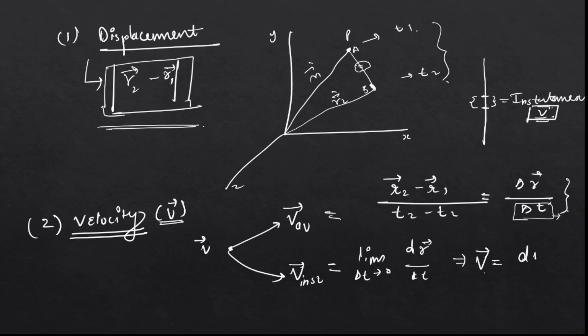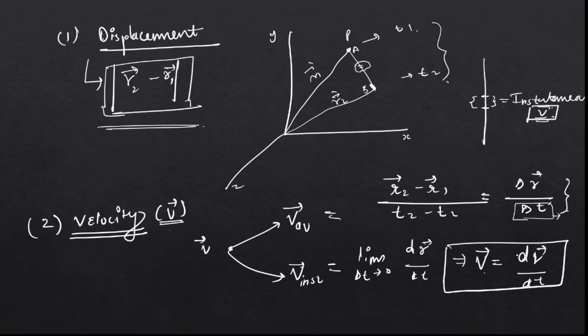So what is instantaneous velocity? This is dr upon dt, change in the position of particle with time for a very small particular instant. So this is instantaneous velocity, right?